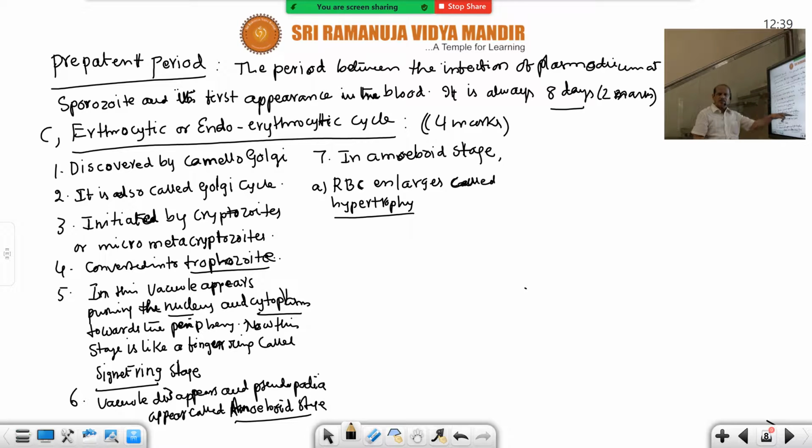There we gave the same example: enlargement of RBC by Plasmodium is called hypertrophy. Hypertrophy is the first event.